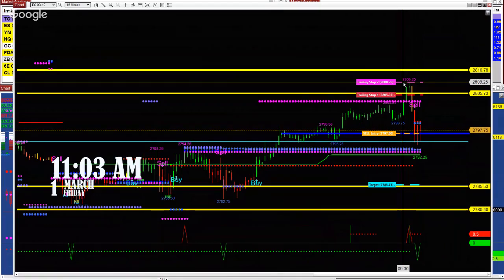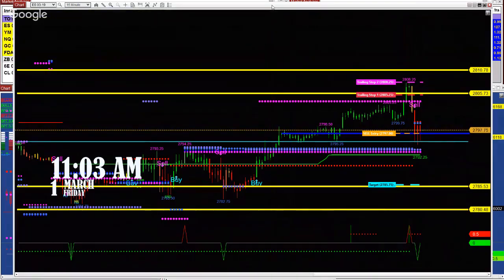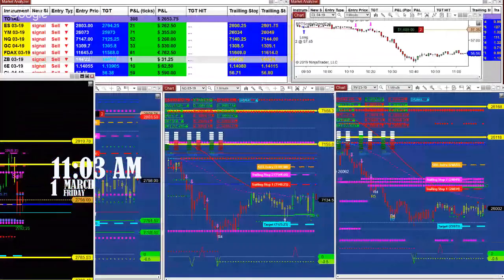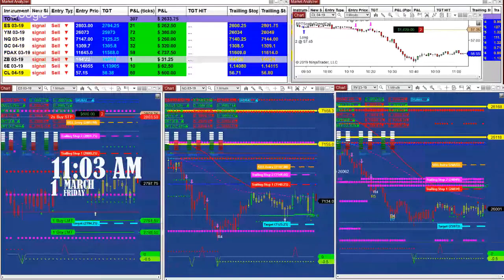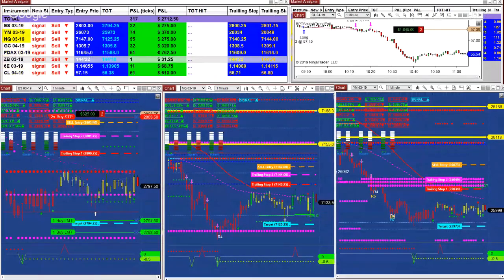So right now there is no more pullback re-entry because the market is not in sequence, and we can predict it. Now we are coming to a market where every time it drops and you take a short, it's going to go long. You take a long, it's going to go short.